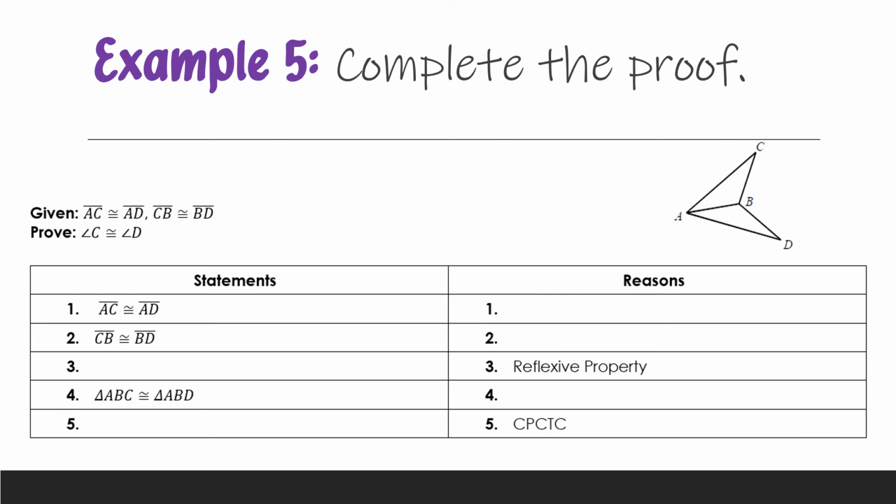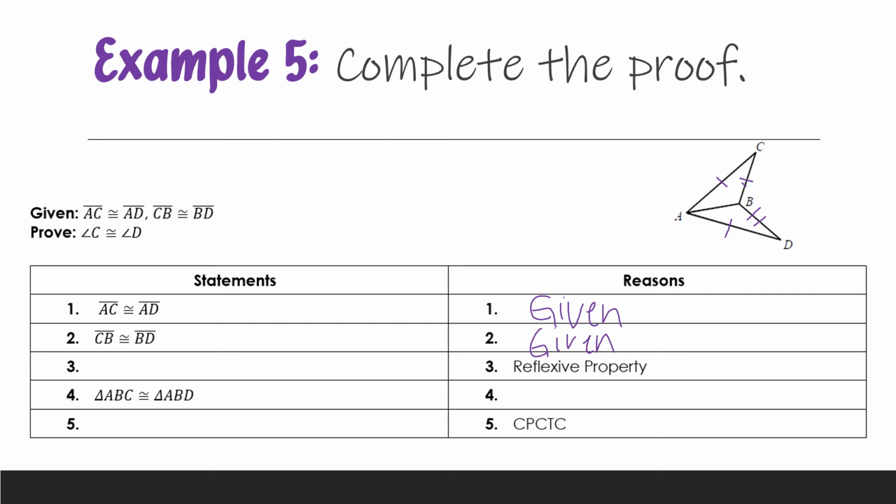For our last proof, we are looking to prove that angle C and angle D are congruent. So what we do know is that AC and AD are congruent. That's given to us. We're also told that CB and DB are congruent, so that's given to us.